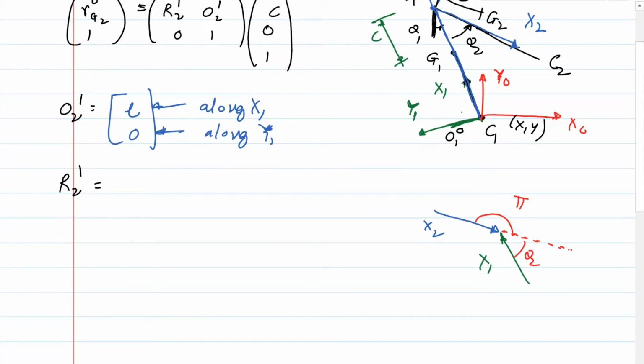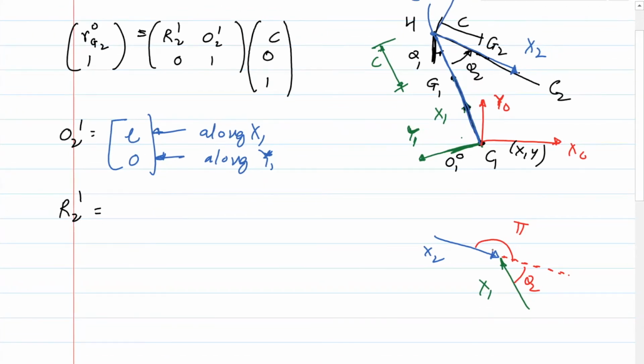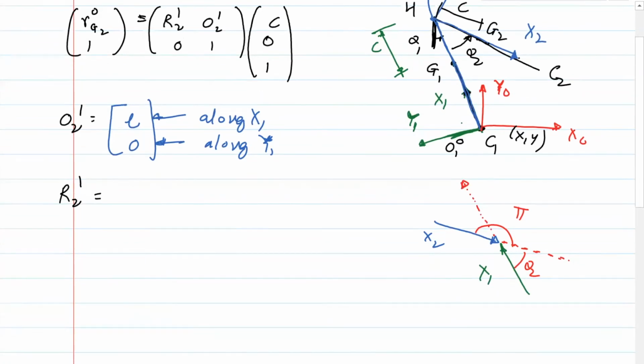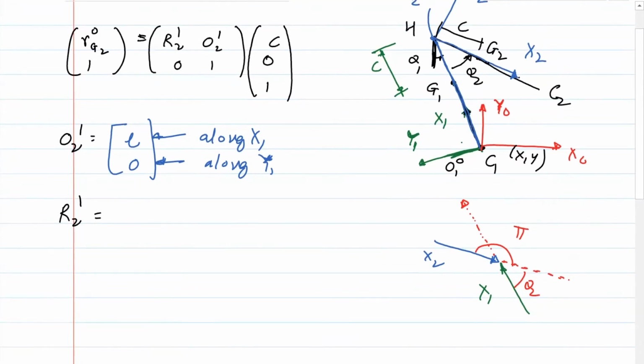So the angle made by, hold on. So there's something not right. What I have in my notes is the angle is theta 2 minus pi. I'm just trying to see how that can be.